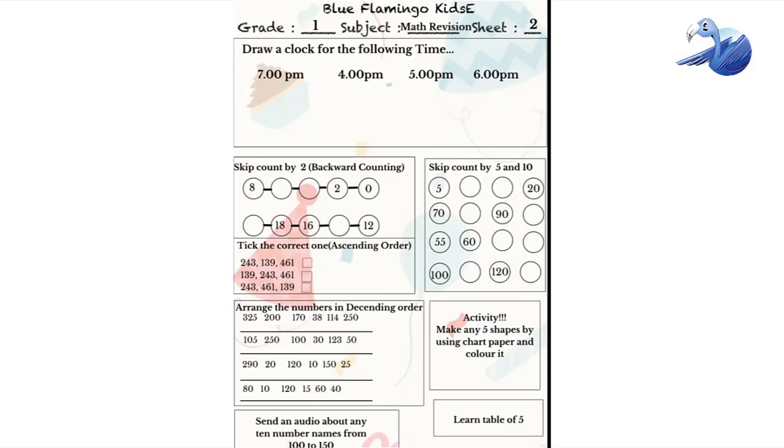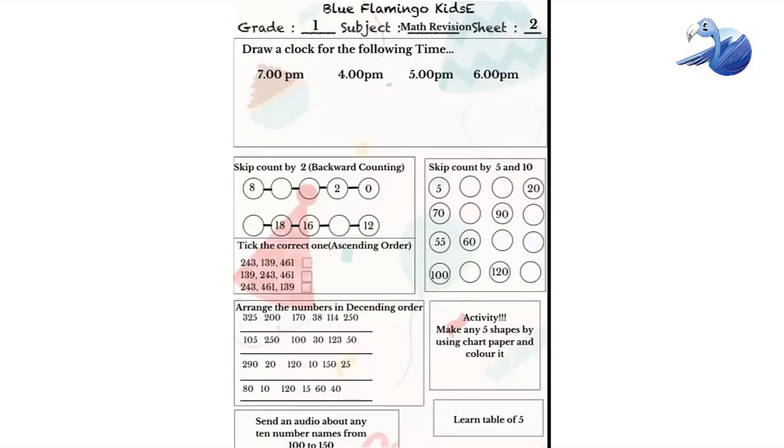Next, in the last row, 120 is the biggest number, so firstly we write down 120, then 80, then 60, then 40, 15 and 10. So this is complete.